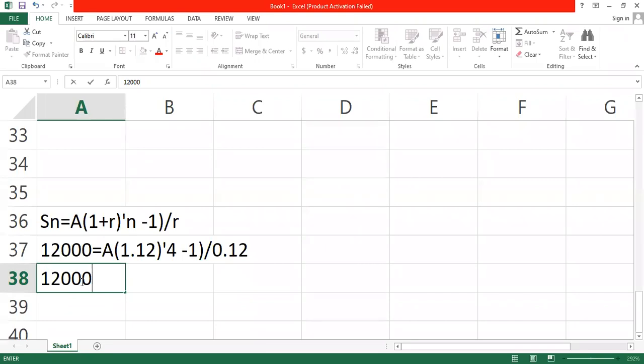Okay. So what you do is take your calculator. Do 1.12 exponent 4. Have we all done that?